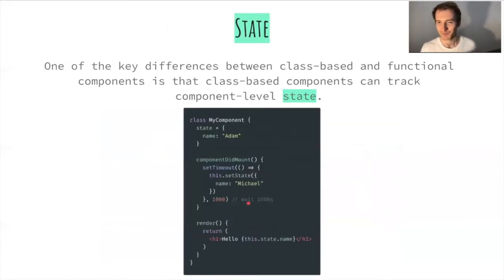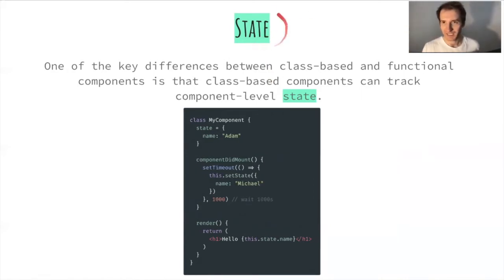Okay, so just a few more things that I want to cover in this barrage of new syntax before we dive into some demos. And that's state. So there's 2 differences between functional components and class components in terms of what we can do with them. One of those differences is that a class component can track some data that's tied to a particular instance of a component.